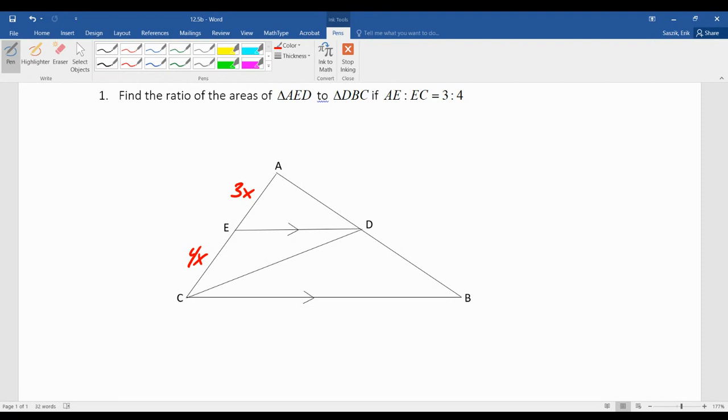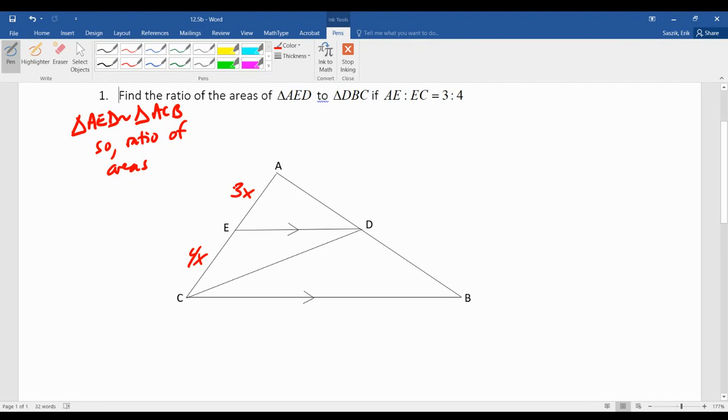First of all, because these lines are parallel, triangle AED is similar to triangle ACB, right? So the ratio of the areas is the same thing as the square of the corresponding sides, right?